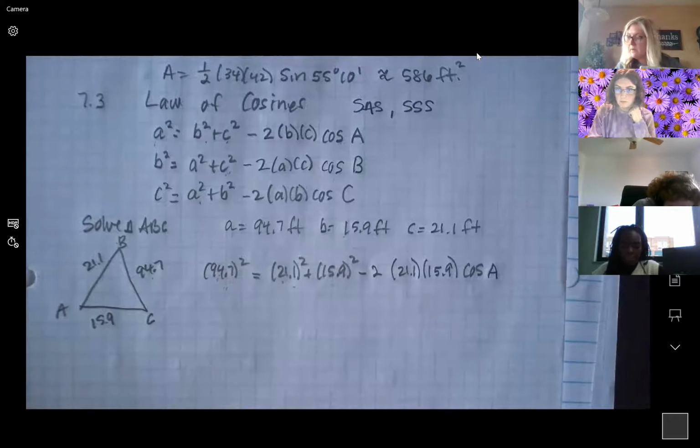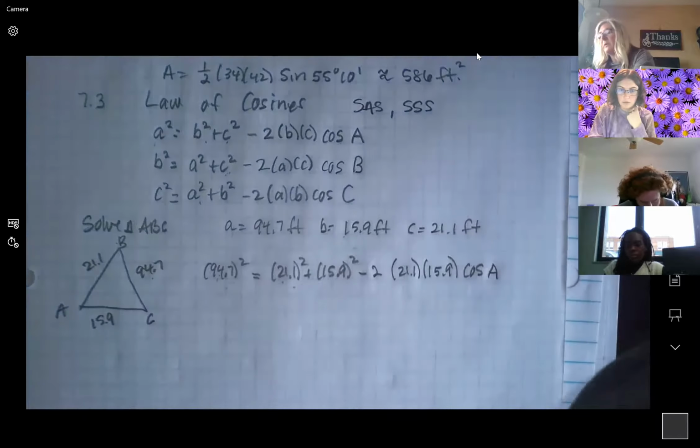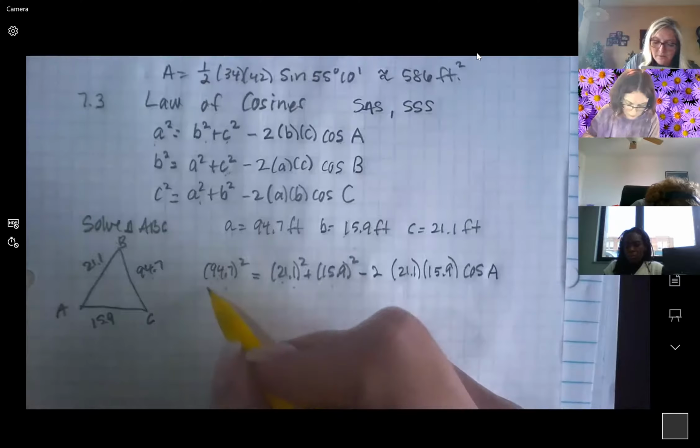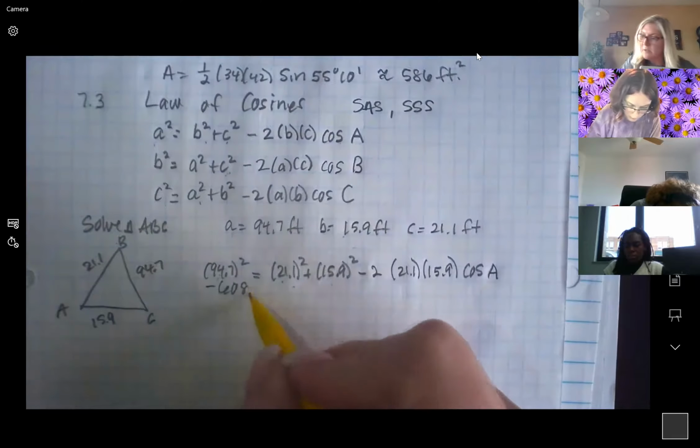I think I already did that. I can't read my writing very well. I got 608.3. Tell me if this is right or wrong. You can check that.